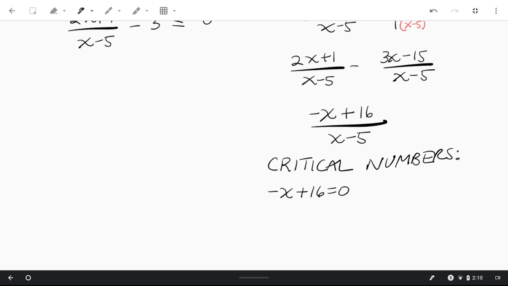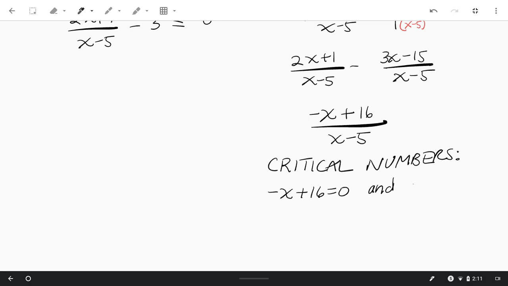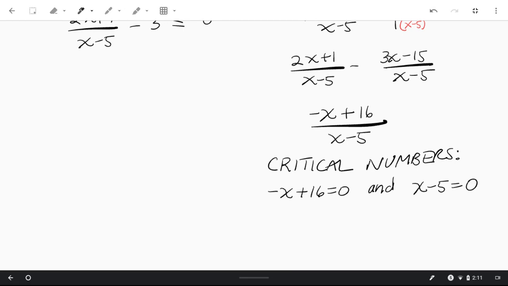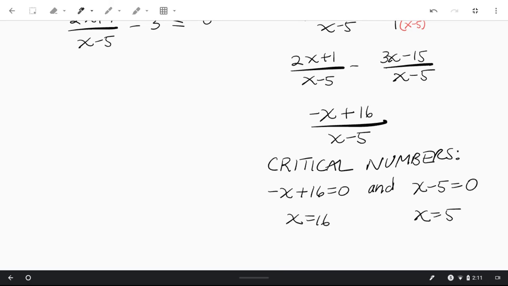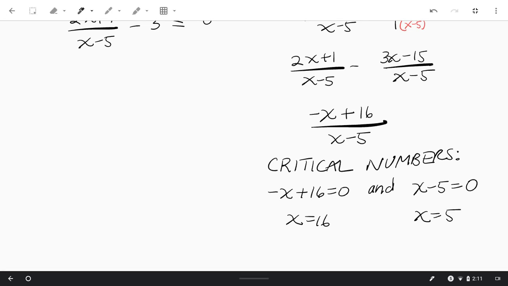And we also want to know where the denominator equals 0. So we want to find out when x minus 5 equals 0. Solving both of these equations, I end up with x equals 16. That's going to be one of my critical numbers. And I get x equals 5. That will be my other critical number. So these are the 2 points on your number line that will divide the regions.